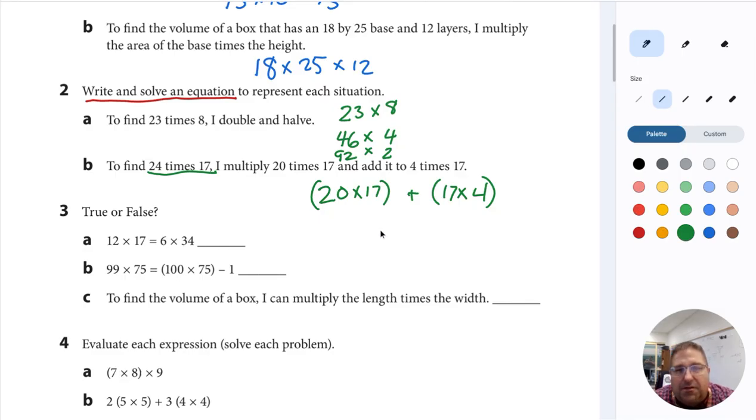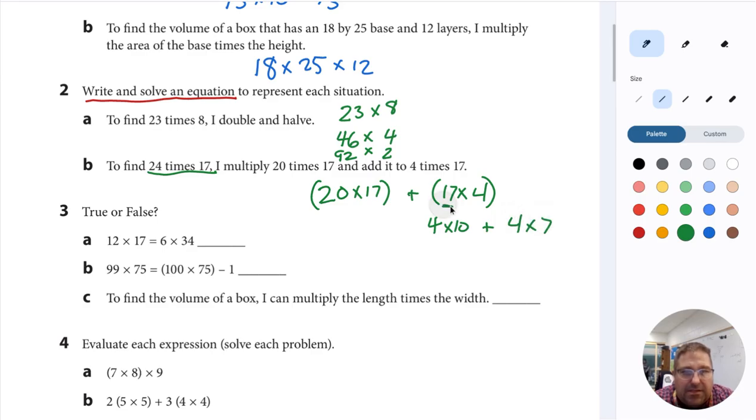Again, we'll start setting this one up. So 17 times 20, that's going to be kind of like 17 times 2, right? And then place your 0. And then 17 times 4, well, if I know what 17 times 2 is, I can double that. Or we could break this down into 4 times 10 plus 4 times 7.